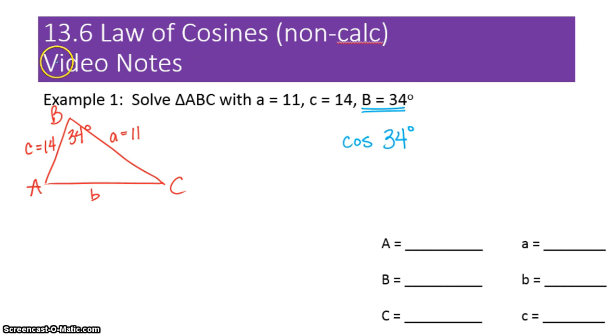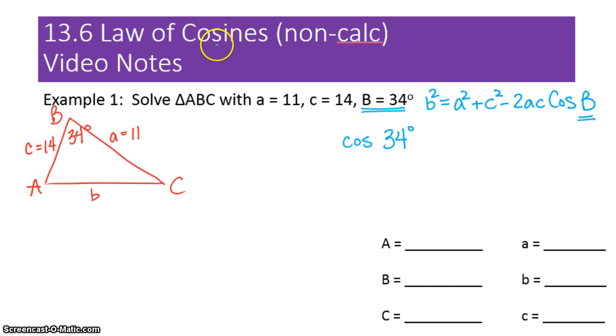Let me go ahead and write this down. So we're going to have B squared equals A squared plus C squared minus 2AC cosine B, because angle B is what we have.